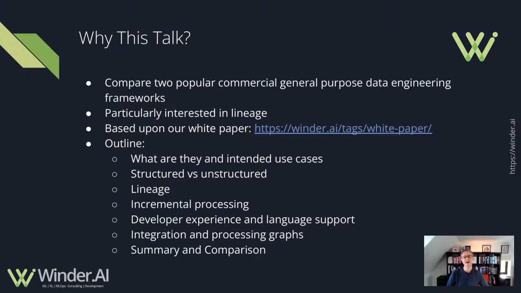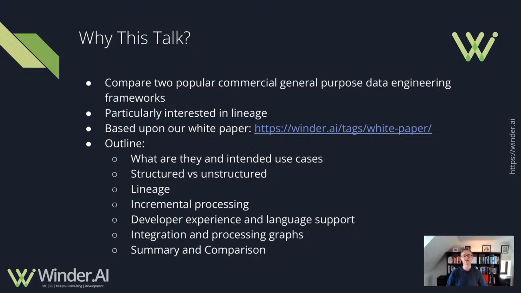So how it handles structured and unstructured data. Lineage, as I mentioned before, how both fare when it comes to lineage. Incremental processing for efficiency purposes. And one of the most important things actually is the developer experience. And there's some quite substantial differences here, which we'll talk about later.